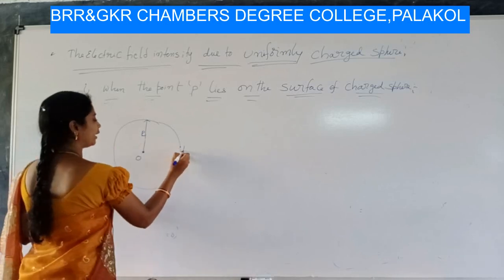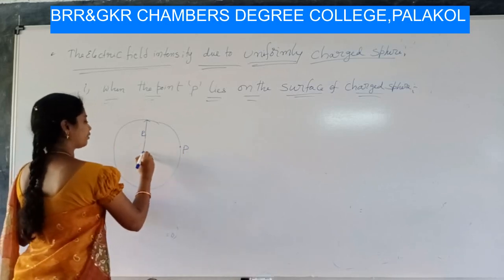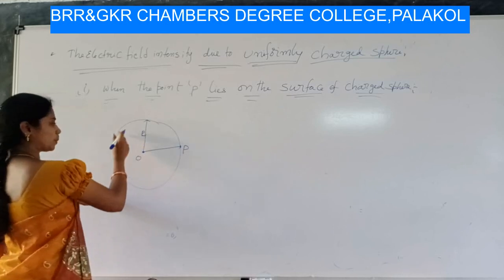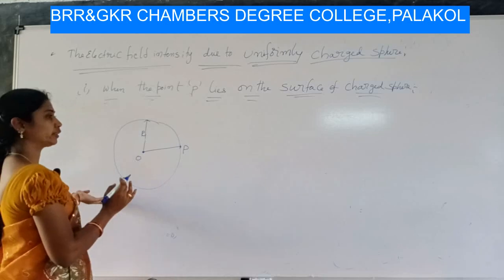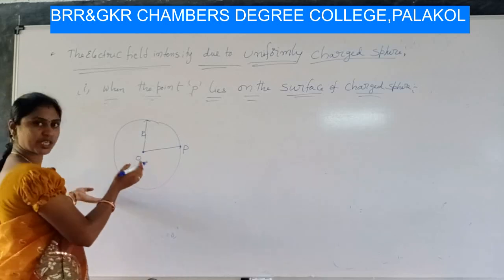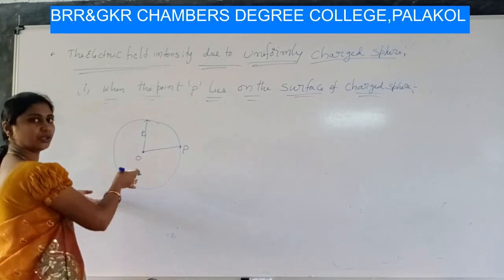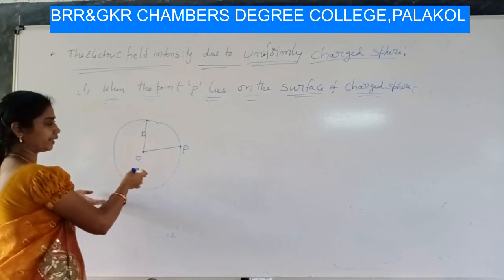Then automatically the radius of the sphere and the distance to the point are the same. So we don't calculate the electric field intensity again; we get the same value as we already calculated.